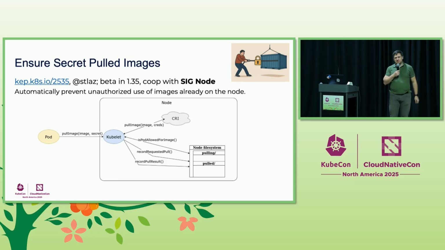You probably don't want people just digging around those things. And so what we did here is we built an additional authorization layer in Kubelet, which keeps a record of the credentials that were used to pull an image, and then makes decisions on whether you actually can access that image or whether you need to try to pull that image again just to be able to access it.